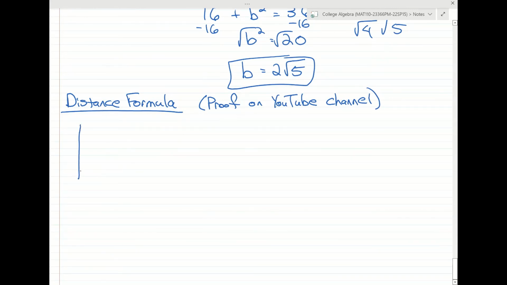So just if we had a right triangle, say if we have 2 points, one point has the coordinates x1, y1. The second point has the coordinates x2, y2. This distance is nothing more than the hypotenuse of the right triangle.